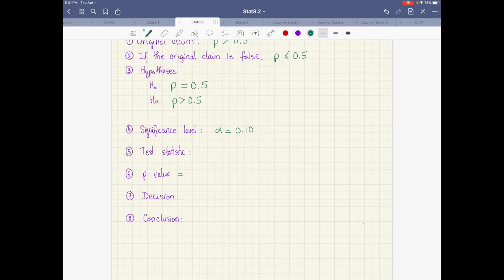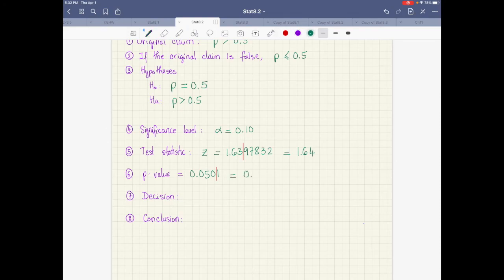For the test statistic, I get z equals 1.639782. For the z-score, I'm going to round it to 2 decimal places, which is 1.64. The p-value, I got 0.0501. I am going to round it to 3 significant figures.